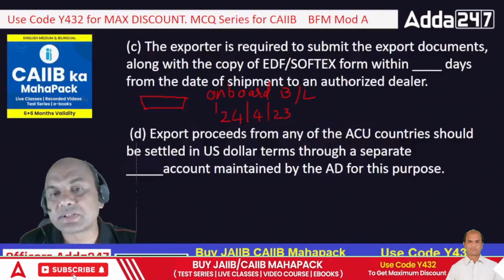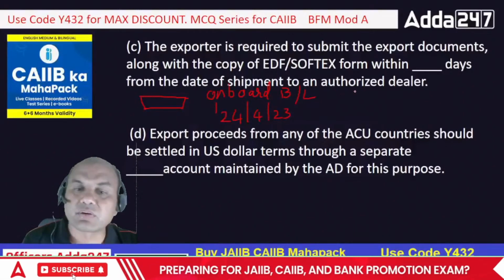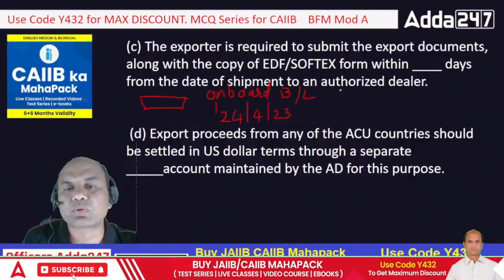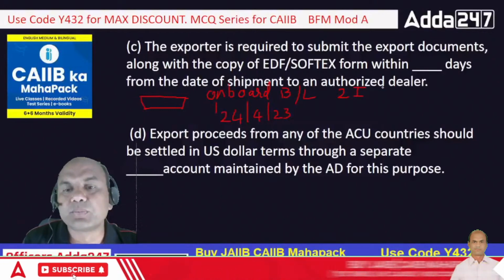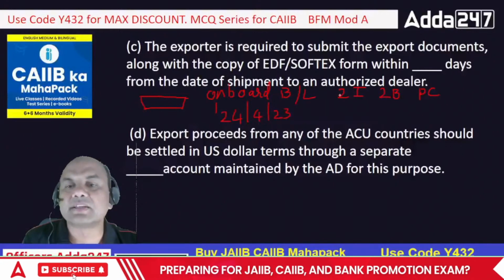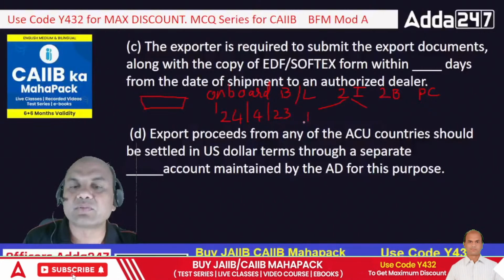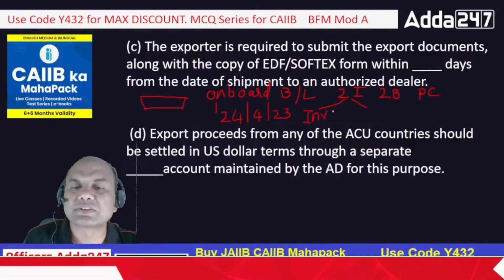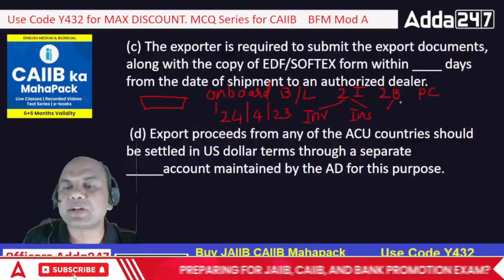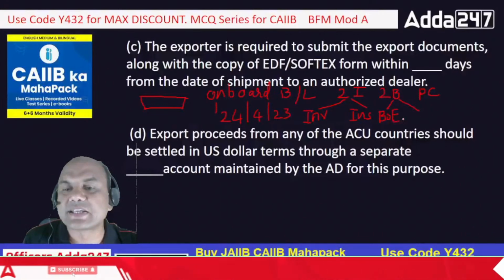Now which are the documents used by the exporters? Always remember there are 6 types of documents. I have made it a simple rule: 2I, 2B, and PC. 2I means invoice, insurance. 2B means bill of lading, bill of exchange: BL, bill of lading, and BOE, bill of exchange.